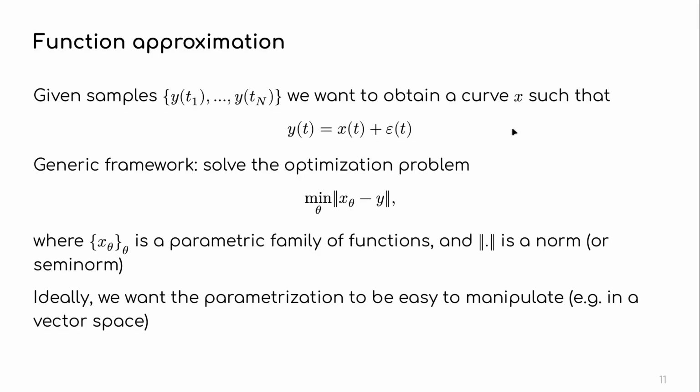And the generic framework for that, if you have your favorite parametric family of functions, is to approximate it with your family, and so minimize. Okay, I'll answer that question in a bit. So just like you would do with a neural network, just minimize over the parameter space theta the distance between your parametric function x of theta and your data y.